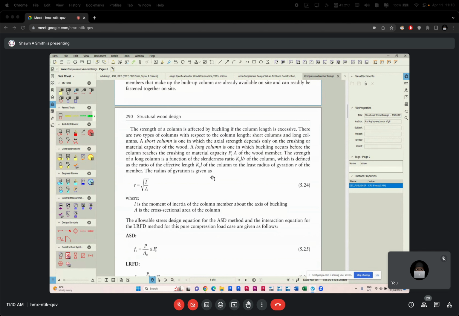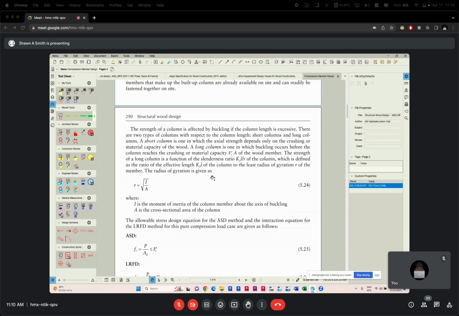K is the effective length factor, Le is the effective length, and r is the radius of gyration in that particular axis. Remember, we have two axes for regular rectangular or square symmetric elements, the X and Y axis, and r is the radius of gyration in whatever axis.